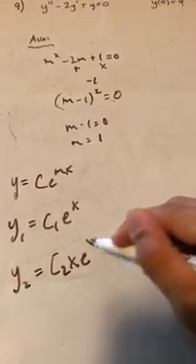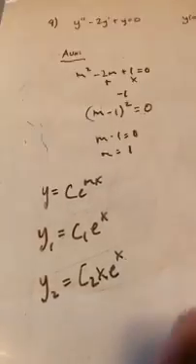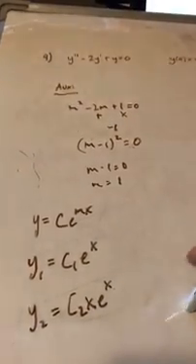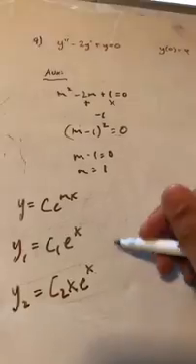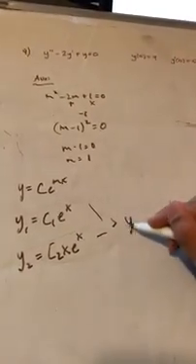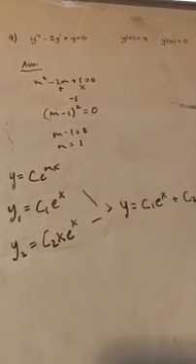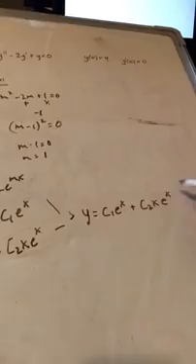So y2 is c2 x e to the x. Plug them into the Wronskian and you'll see that they are indeed linearly independent. So from here, put them together. The solution will be c1 e to the x plus c2 x e to the x.